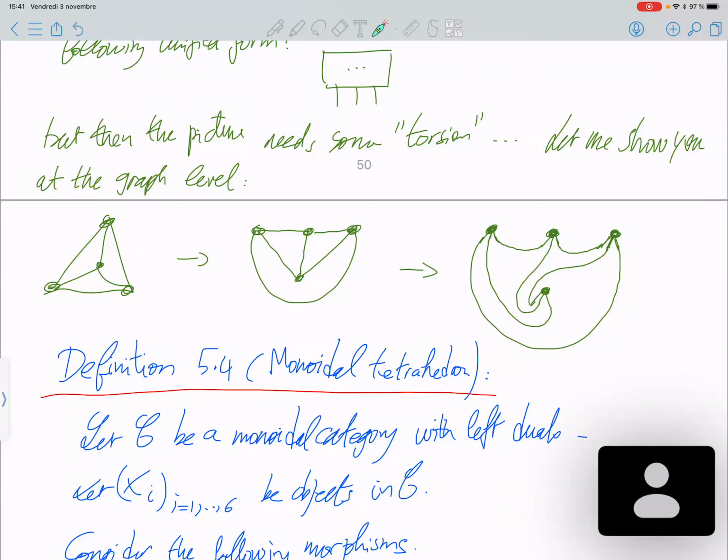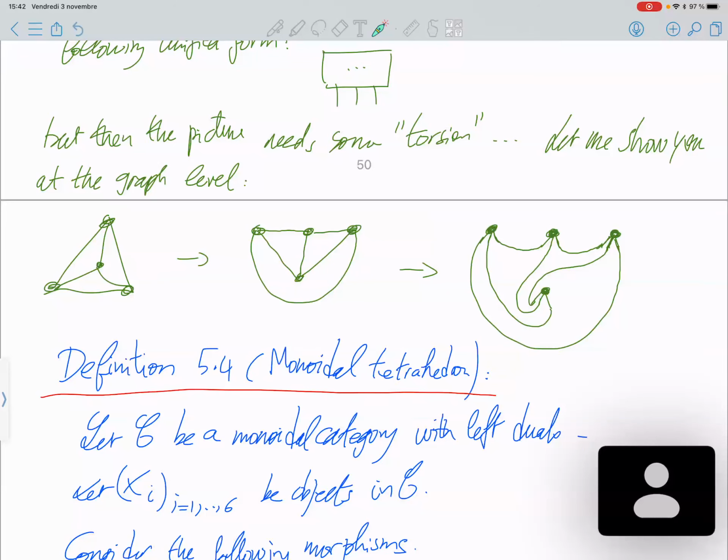And when you look at it as a regular tetrahedron in 3 dimensions, you can have some extra rotations, etc. So the group of orientation preserving symmetries of the regular tetrahedron is the alternating group A4, if I'm not mistaken.